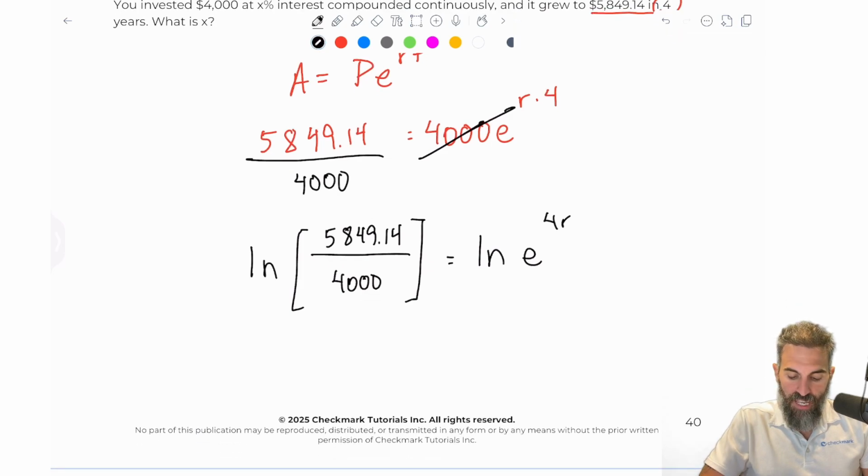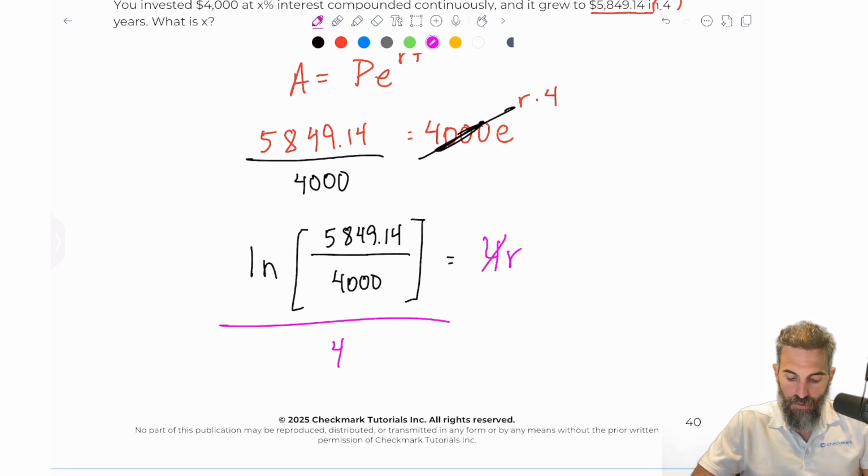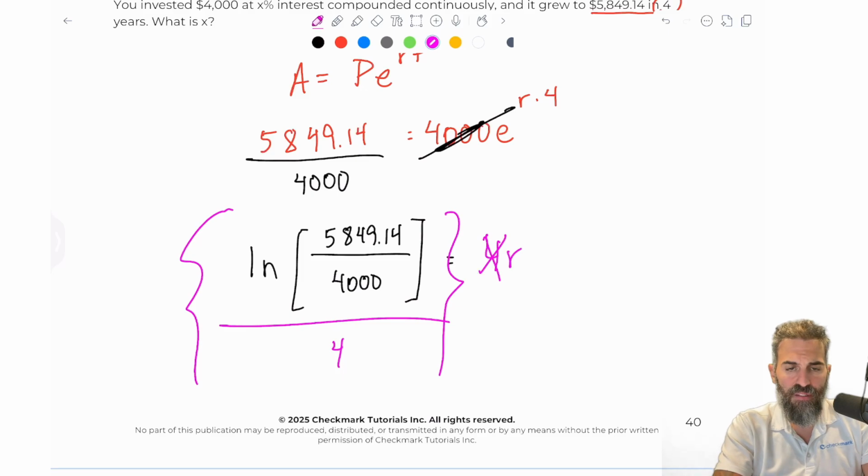So I canceled this and I ln to both sides. This will cancel out. Right? So now I'm here. Right? By canceling those out, I get this. Divide this side by 4. And you can punch this into your calculator exactly like that. ln bracket, okay?